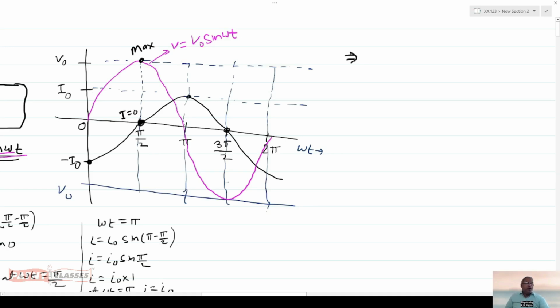This implies what? This implies the voltage is leading and the current is lagging.